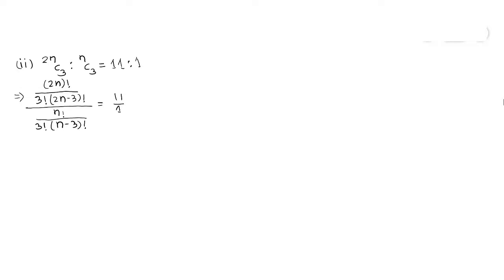This is solved as 2n factorial upon 3 factorial into 2n minus 3 factorial multiplied by, we take the denominator of denominator as numerator and write like this: 3 factorial into n minus 3 factorial upon n factorial, equal to 11 upon 1.